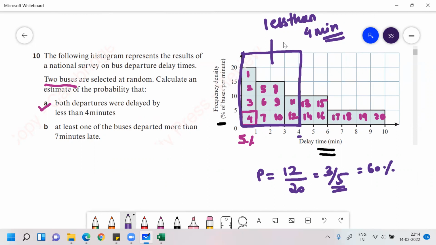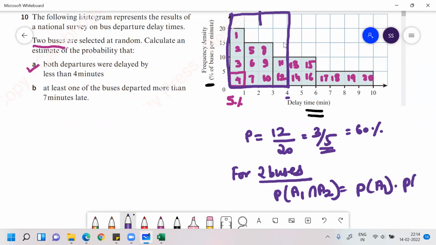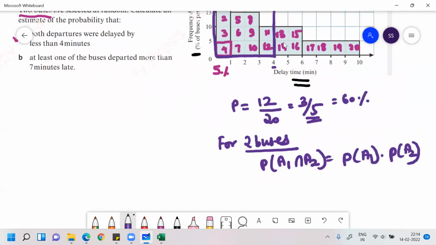So for two buses, what will the probability be? For one bus, it is 60%, and the probability that one bus will be delayed is independent of the probability that the other bus will be delayed. So for two buses, the probability of A1 intersection A2 will be the probability of A1 times the probability of A2, where A1 means the first bus gets delayed, and A2 means the second bus gets delayed.